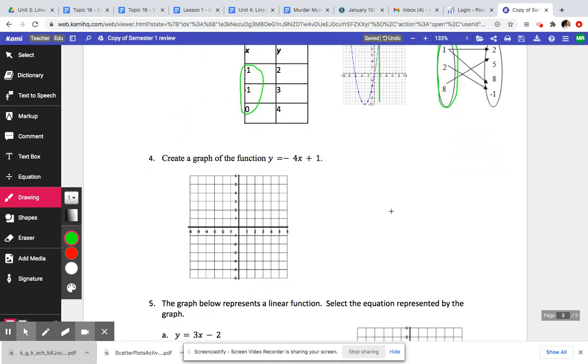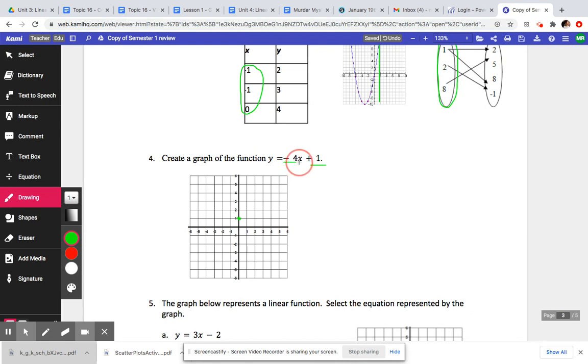Graphing functions. We have to remember how to do this. First, let's identify our slope and our y-intercept. This is our plus or minus b, like you have y equals mx plus b, so this is your y-intercept. We're going to start at +1 on the y-axis. Right there's our starting point because it's a +1. We're going up 1, putting our first point. Then our slope is -4, because that's our m.